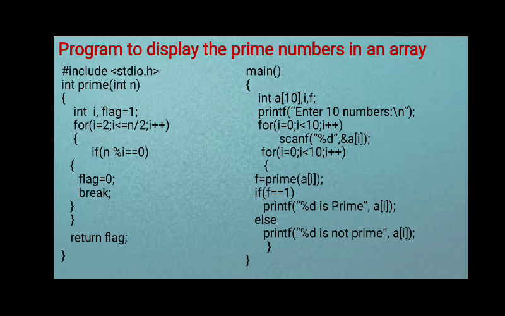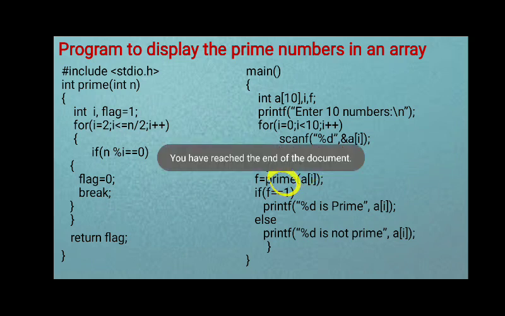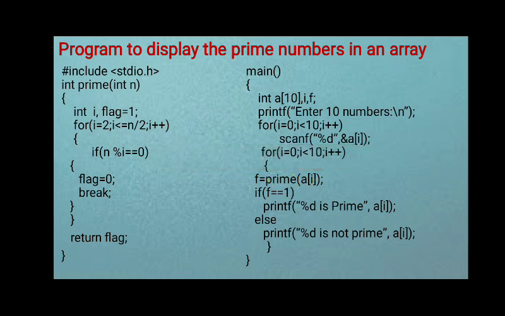So here in the main program, I'm reading the contents of an array, and for each element of the array, I'm calling the function prime. The function prime is called, and the flag value is returned from the prime function and stored in f. So if f is equal to 1, you're displaying that the number is prime, otherwise you're displaying that the number is not prime.